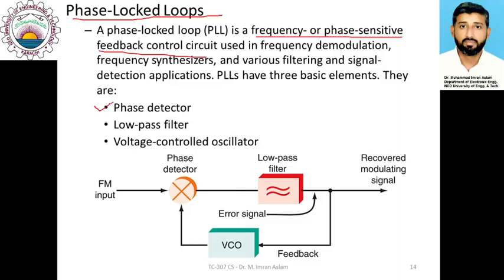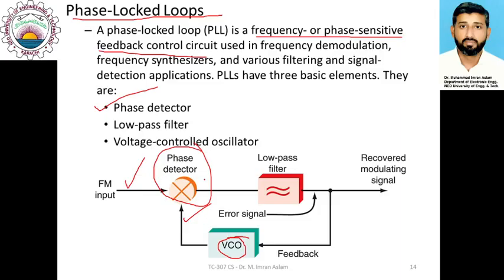One is called the phase detector. So we have a phase detector which compares the phase obtained from the incoming signal and whatever signal is coming from the VCO. So there are two signals. One is the voltage controlled oscillator which generates a sinusoidal signal, and one is the incoming signal which is in the form of FM.